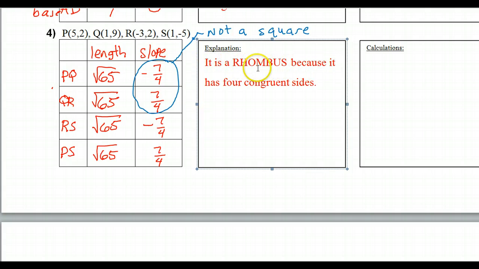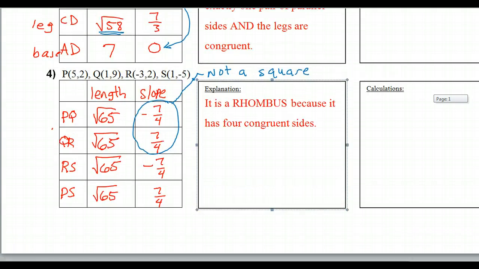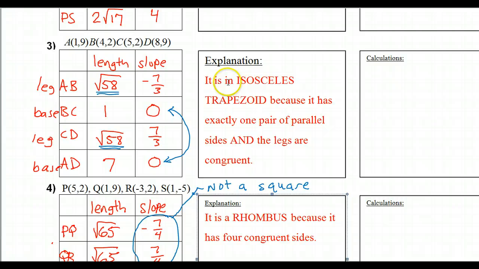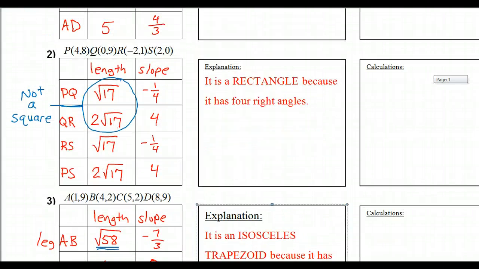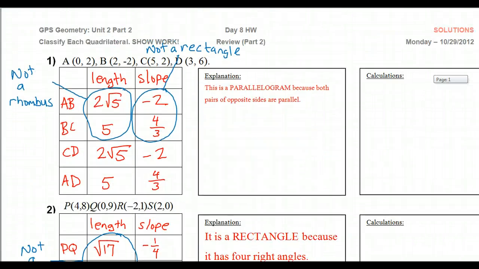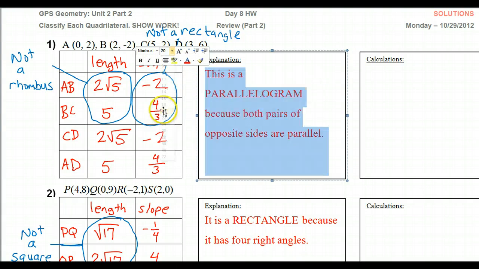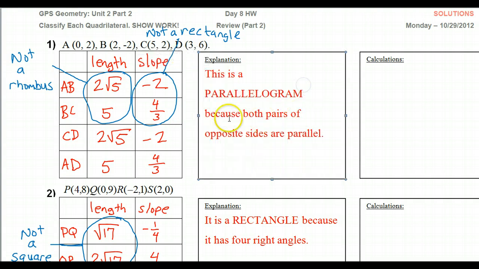It is a rhombus because, it is an isosceles trapezoid because, it is a rectangle because, it is a parallelogram because. And then after you say because, go ahead and just mention the definition of that thing.